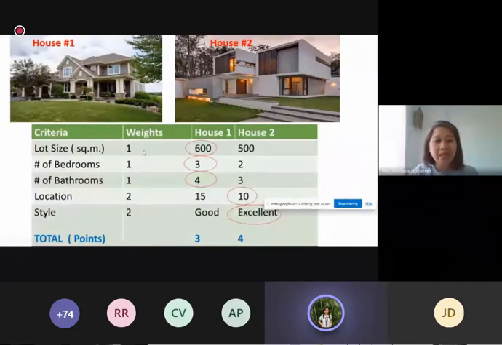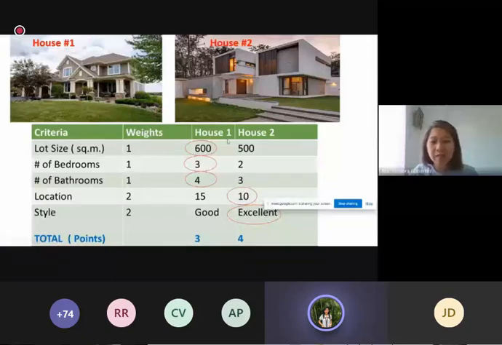So I assign weights in 3 criteria as 1 and location and style as 2. These 2 points or rating for the weights means this is my priority. This is twice as important as the other criteria.